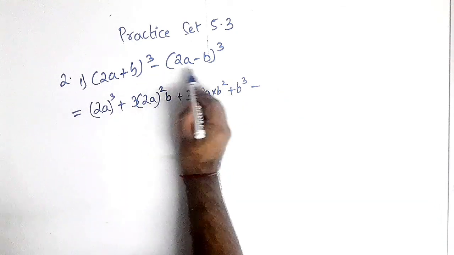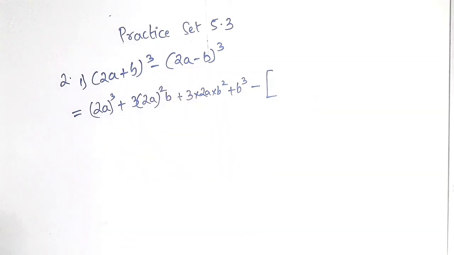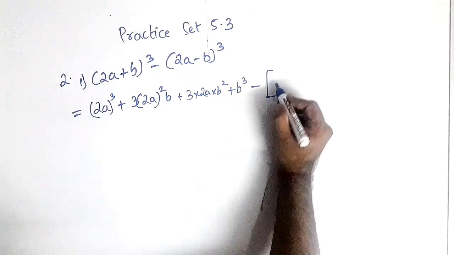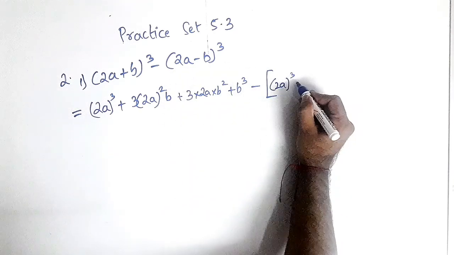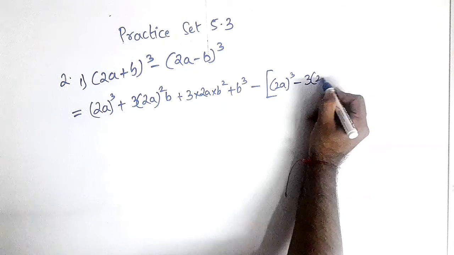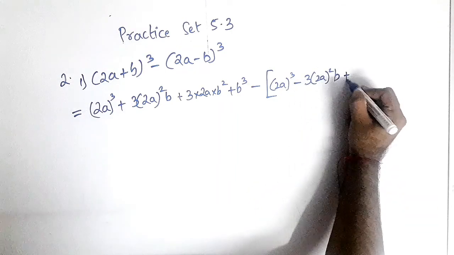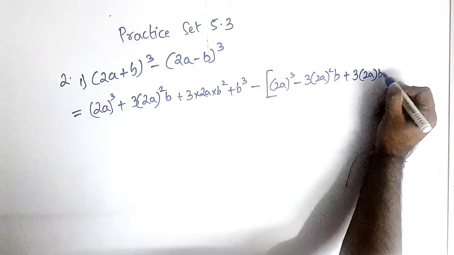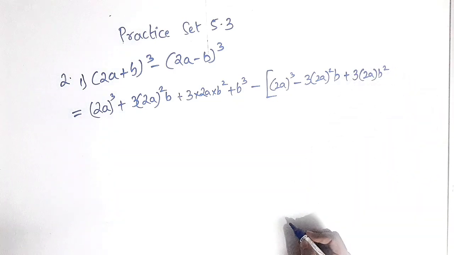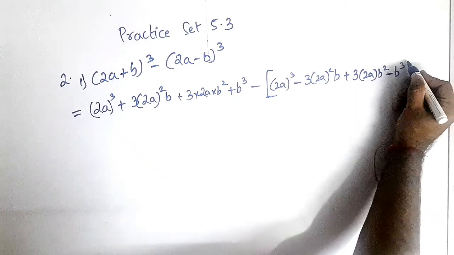Okay, minus, because this is minus and this is a minus b the whole cube, everything I'll be writing in the bracket. So a minus b the whole cube is a cube minus 3a square b plus 3ab square, minus b cube.